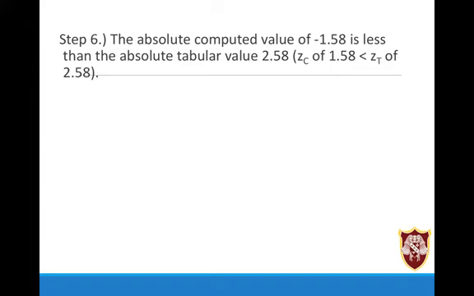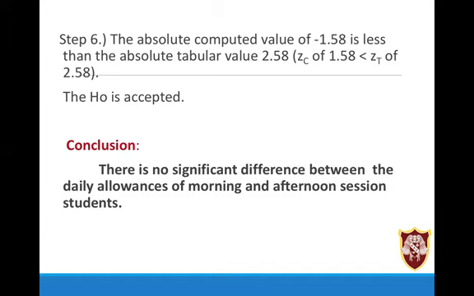Therefore, when the absolute computed value is less than the absolute tabular value, we accept the null hypothesis. Okay, so this time we do not reject the null hypothesis. So that means our conclusion will be based on our null hypothesis. And that is, there is no significant difference between the daily allowances of morning and afternoon session students.